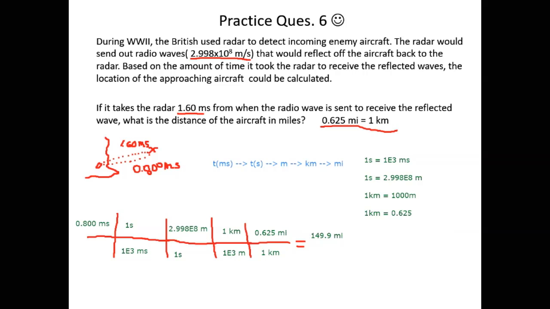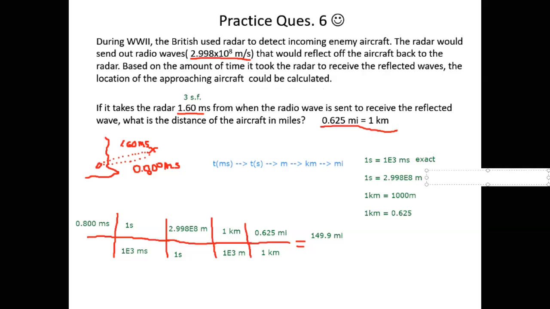And so now, since this involved many different types of units, we've got to see which conversion factor or number had the fewest significant figures. So 1.6 milliseconds is 3 significant figures. 1 second is 1,000 milliseconds. That's exact because it's metric to metric. 1 second is 2.998 times 10 to the 8th meters.